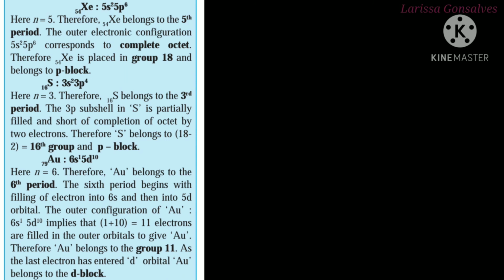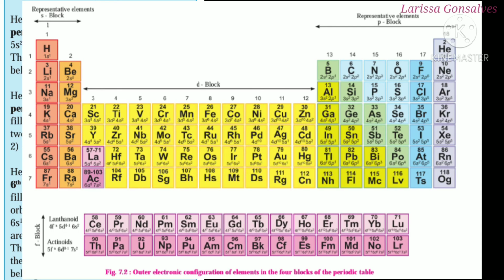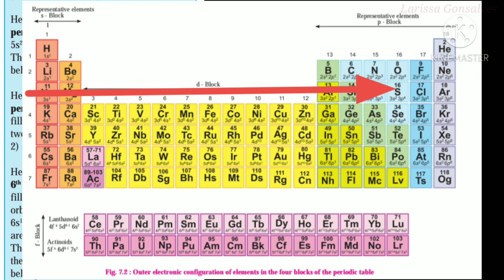Since p has 4 electrons here, it is short by 2 electrons to complete its octet. Therefore, sulfur belongs to group 18 minus 2, so it belongs to the 16th group, the p block. Now why are we taking 18 here? Because 18 is the group which has completely filled octets.